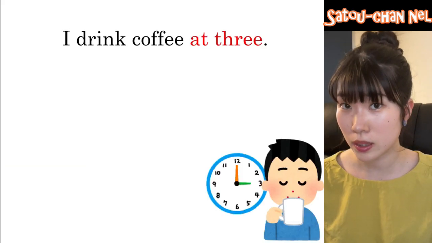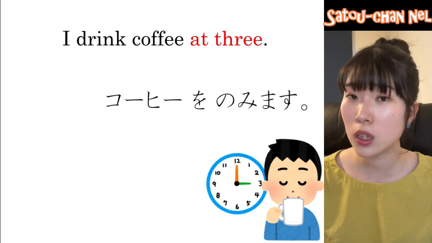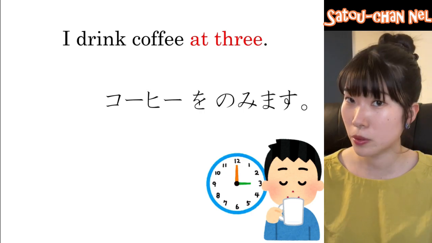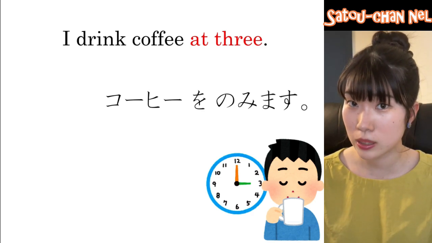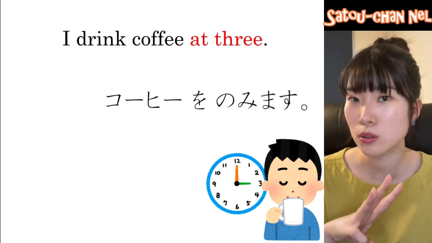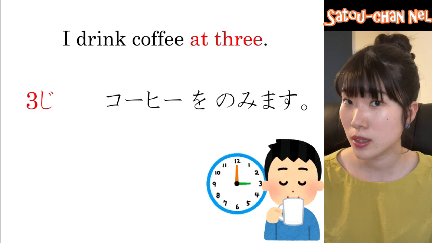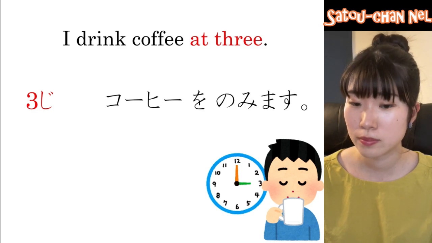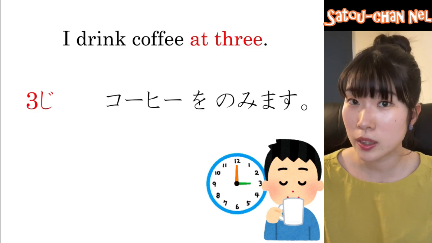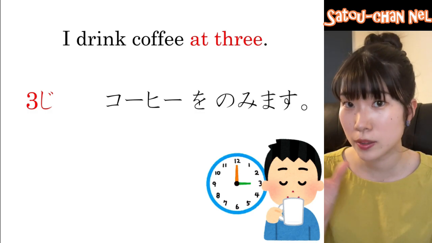I drink coffee is コーヒーを飲みます。Do you remember how to say 3 o'clock? 3 plus o'clock, 時. So 3時, 3 o'clock. We normally add time expressions at the beginning of the sentence, so 3時 comes first.